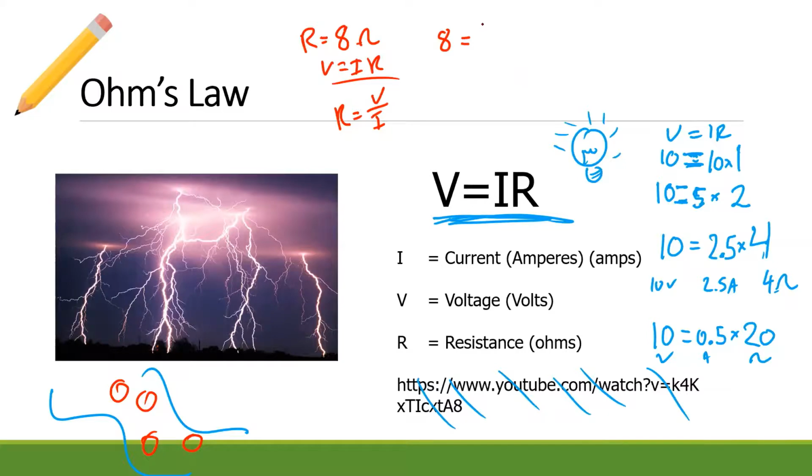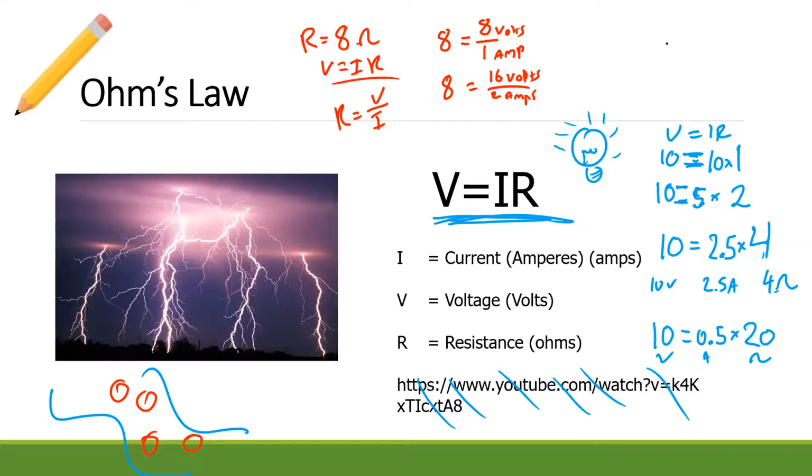Let's use the same example that we did before. If we've got 8 volts, then that means we're going to have 1 amp. Okay, cool. What if we've got more than that? What if we've got 16 volts? Well, if we had 16 volts, then to get to 8, we would have 2 amps. You double the voltage, so you double the current.